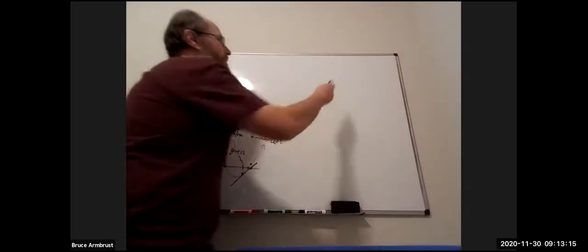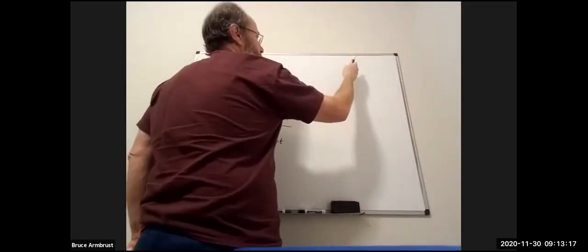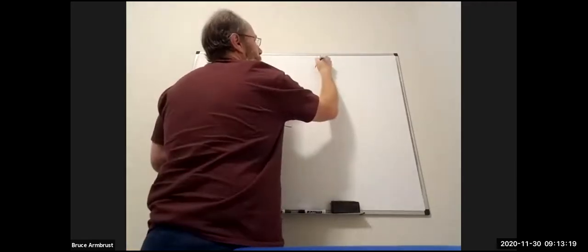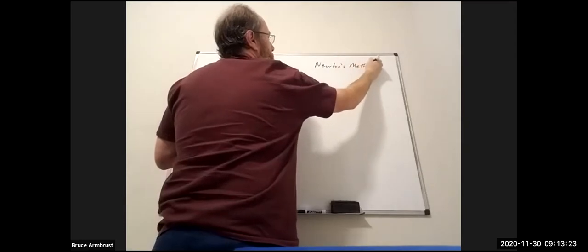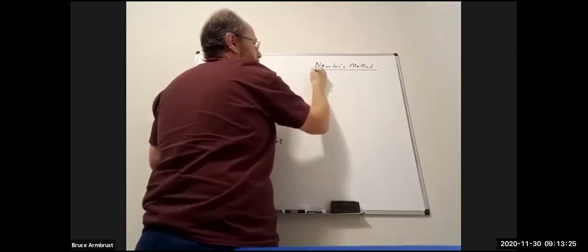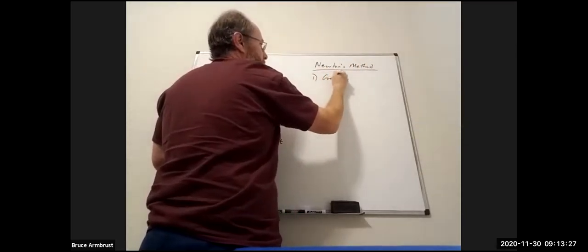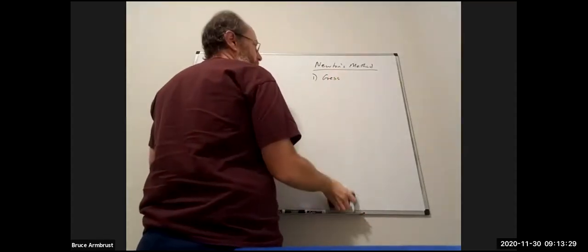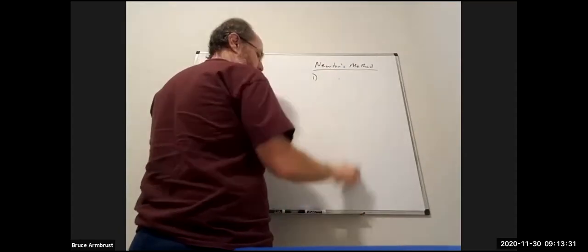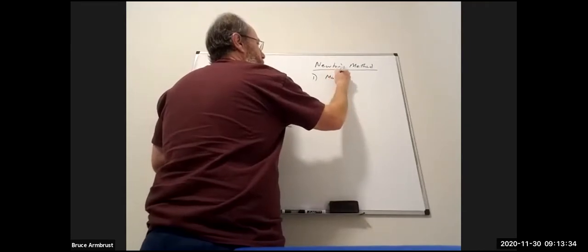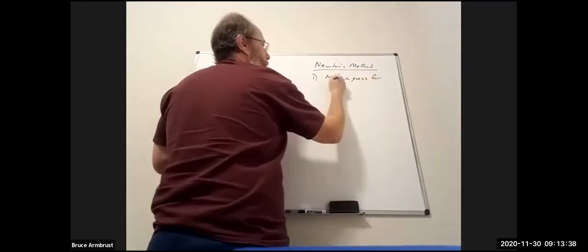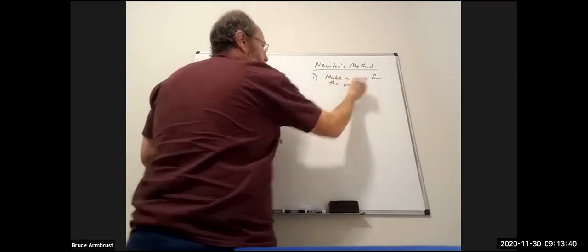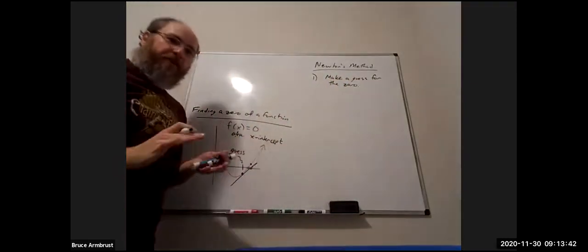All right, so let me write that out in words. We just start with a guess, make a guess for the zero. And you gotta love a method that starts this way.